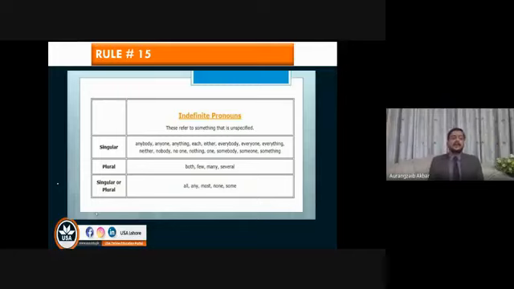Singular ones: anybody, anyone, anything, each, either, everybody, everyone, everything, neither, nobody, no one, nothing, somebody. Plural indefinite pronouns would be both, few, some, many, several. And singular or plural can be used with all, any, most, none, some. So these are the different forms of indefinite pronoun.